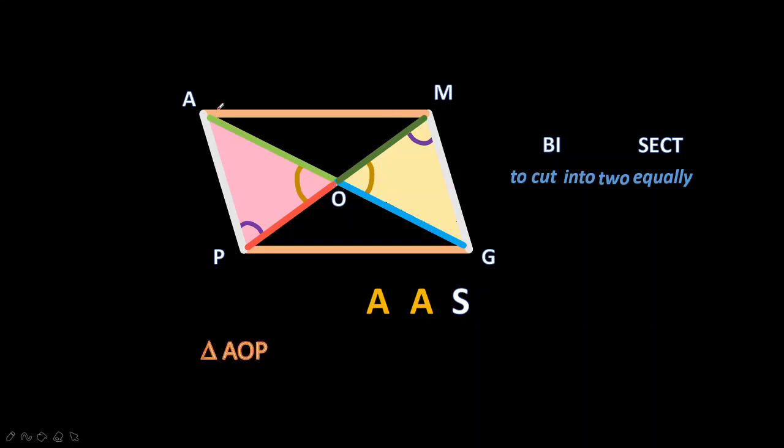Triangle AOP, that means this triangle is congruent to triangle, how do I name this? I can use any of these names. Now, which is the right naming? That's what we need to choose. Because if we name it correctly in the corresponding order of A or P, then we can take CPCT very easily.